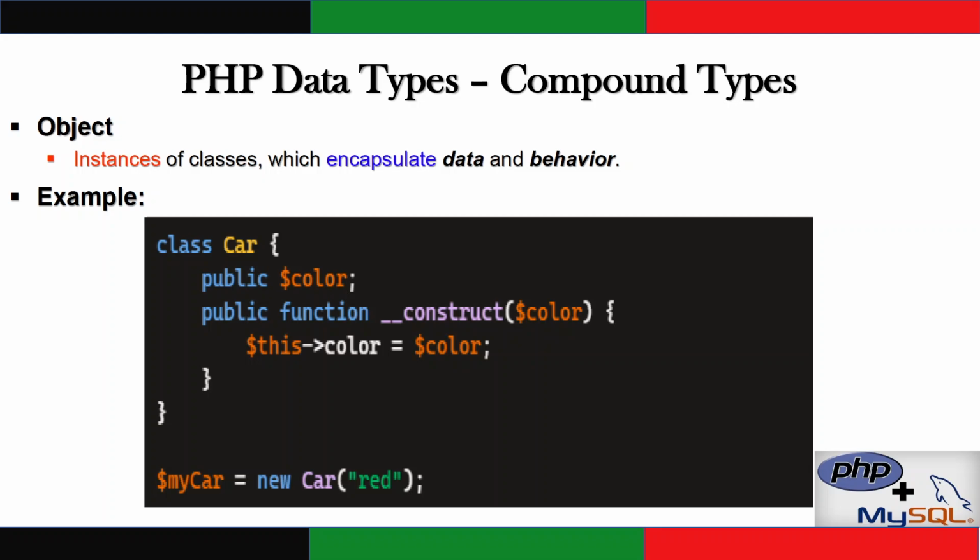We set the keyword class, then the name of the class, you open a bracket, and now you go ahead and define your data. Data is going to be the different properties or the different variables that you define inside your class. Then functions are going to be all the other methods or all the other behaviors, all the other things which that particular object can do.